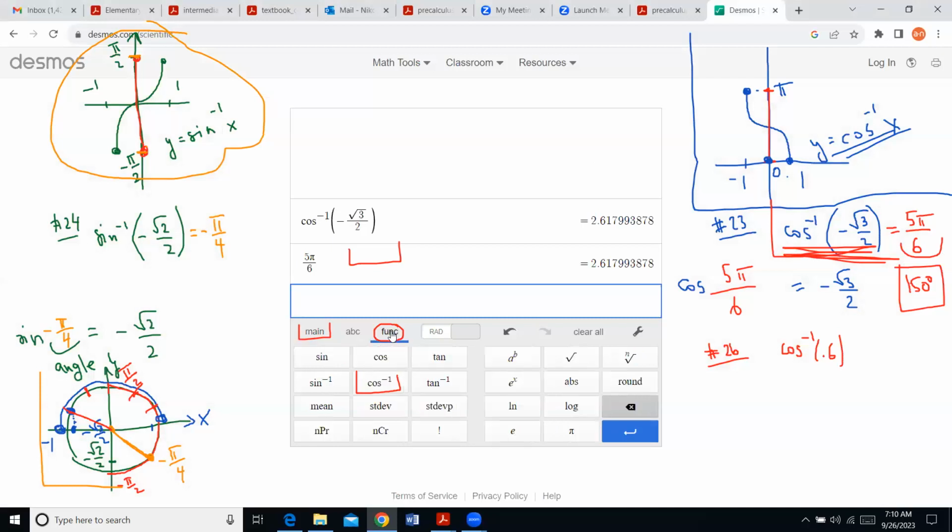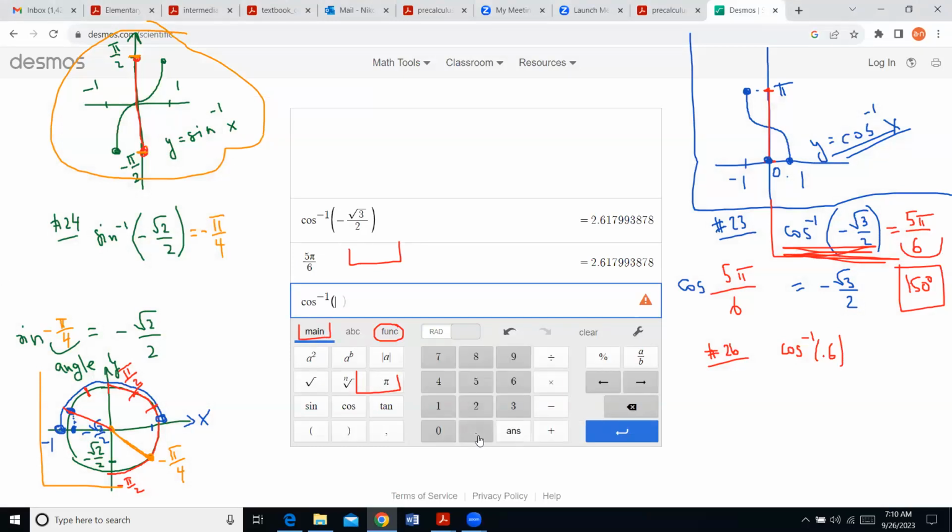So go to functions again, enter arc cosine, go back to main and put 0.6 in parentheses. So you get some kind of number in terms of radians. Our answers are always in radians. I say, so where is pi and whatever?